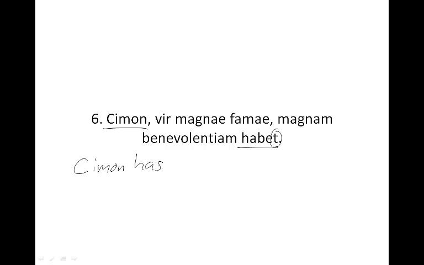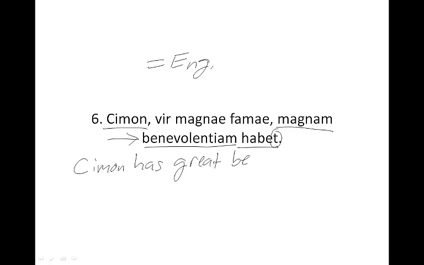Kimon has. What does Kimon have? We need something in the accusative. Here's a couple of M's that help us out. Benevolentiam, magnam benevolentiam. And this word, benevolentiam, should not be too tough. Though, when Wheelock thinks that the word should be obvious to a speaker of English, he just indicates that by writing that equals English. And he's right, this word is pretty obvious. Kimon has great benevolence.